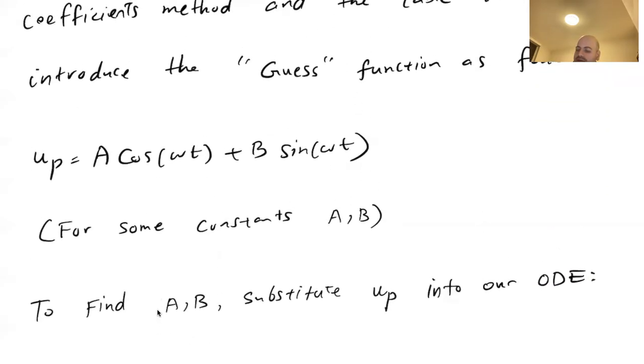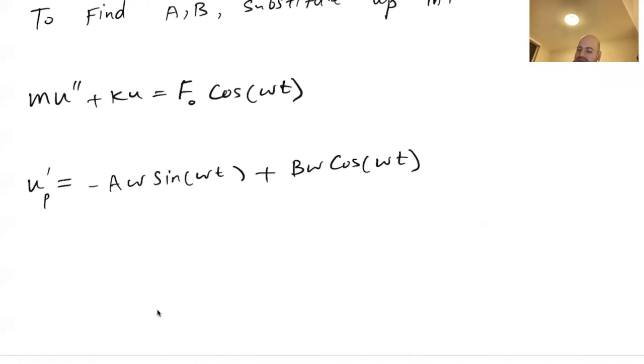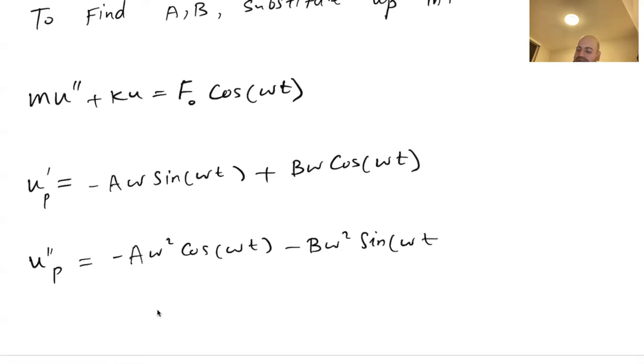And the second derivative will be u double prime equals minus A omega squared cos omega t minus B omega squared sine omega t.